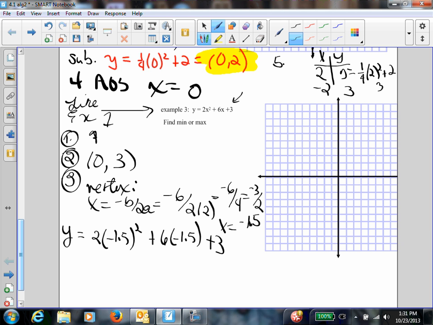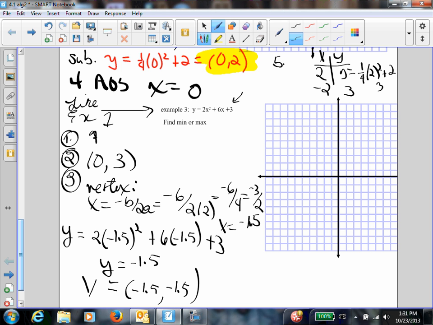Some people get negative 9. The answer you should get is negative 1.5. So the vertex is negative 1.5 for the x and negative 1.5 for the y. Agreed?